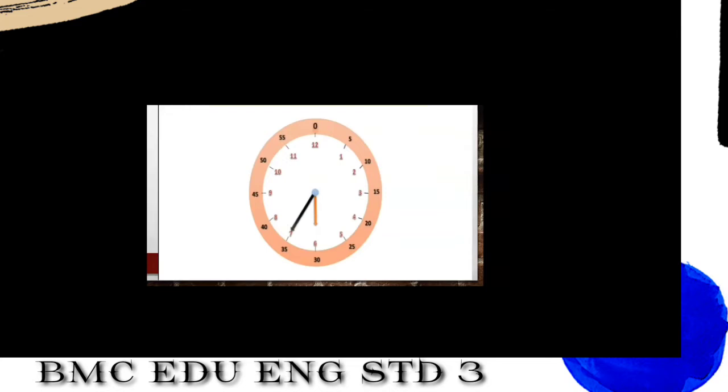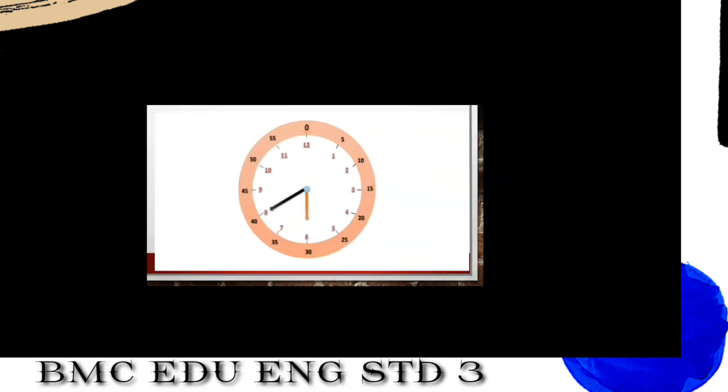Next. 35 minutes past 6. 40 minutes past 6. Now the long hand is on 8 and the short hand is on 6. So we can say that 40 minutes past 6.